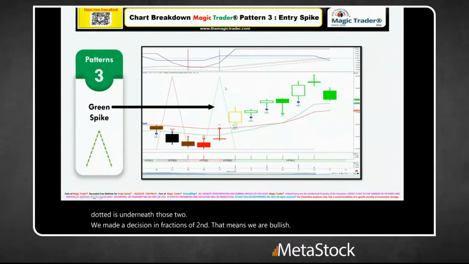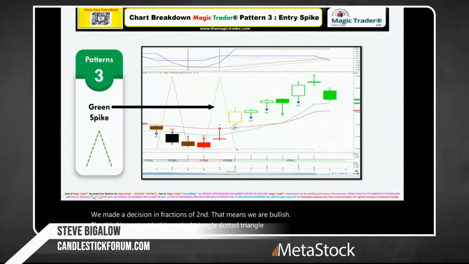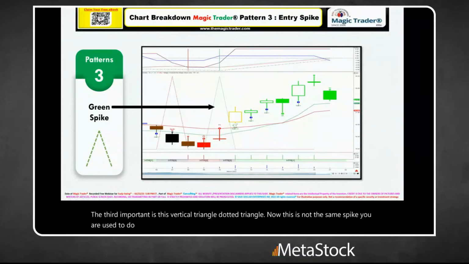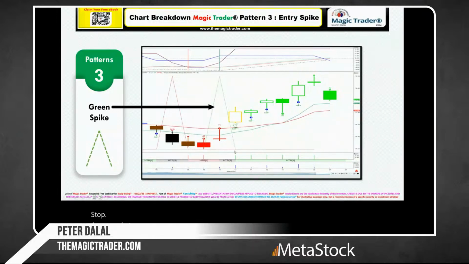The third important is this vertical triangle, dotted triangle. Now, this is not the same spike you are used to with other MetaStock apps or add-ons. This is designed to behave differently.